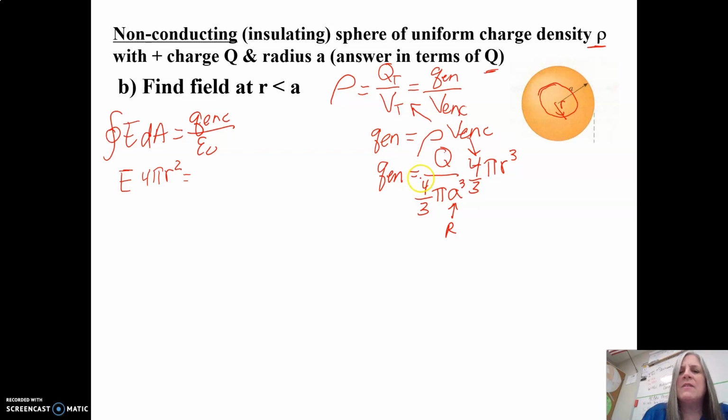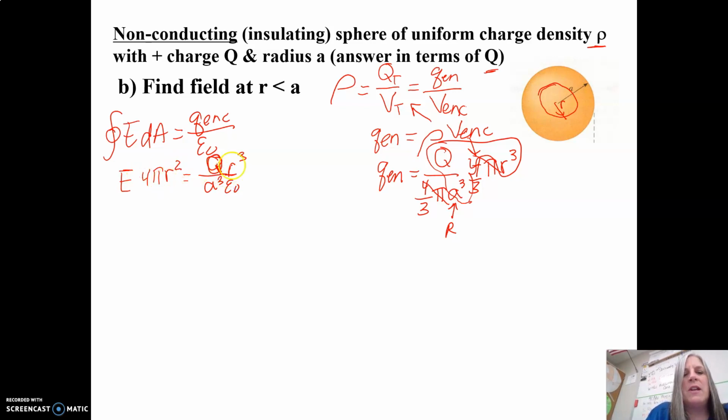And you'll see that we're going to have some things cancel here. So when I go to plug this in, this is what I have left: Q over a cubed, because the 4/3 pi is canceled, times r cubed over epsilon naught.